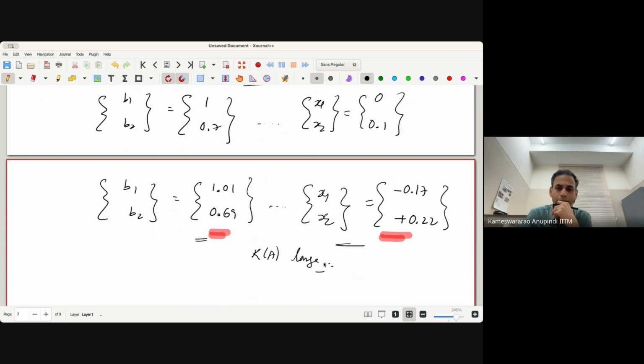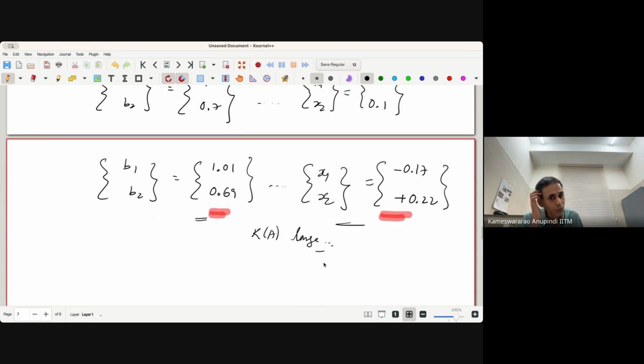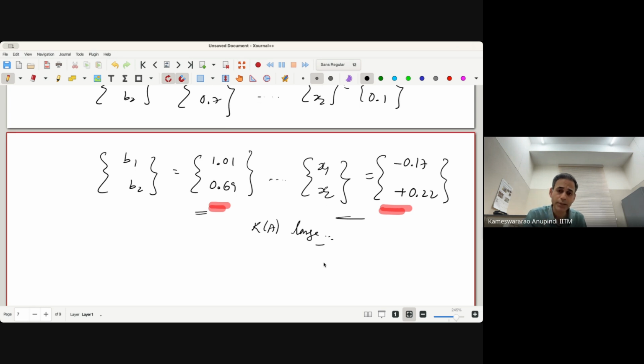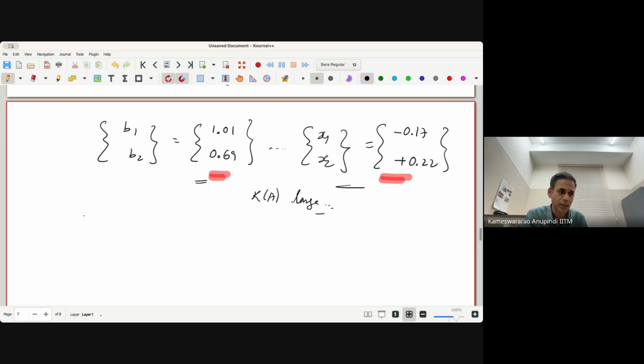Now, why is this so useful? Or why is this happening? You can think of it in 2D. For example, let's say in 2 dimensions. Before that, let me say one thing.